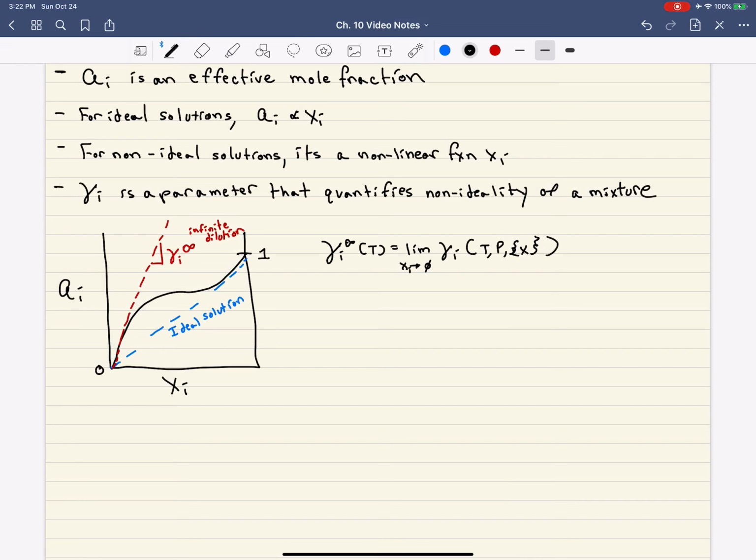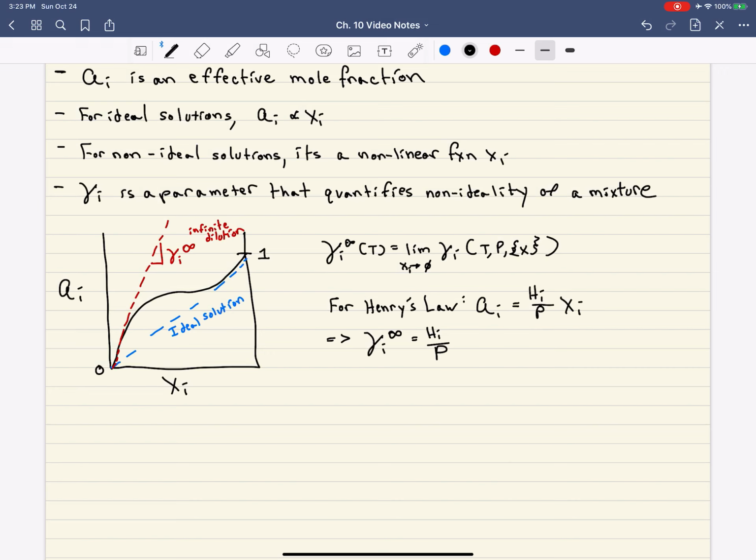Once again, if we think back to Henry's law, we saw that our activity coefficient was equal to H_i over P times x_i. And so that would mean that our infinite dilution gamma is just the Henry's constant over total pressure.